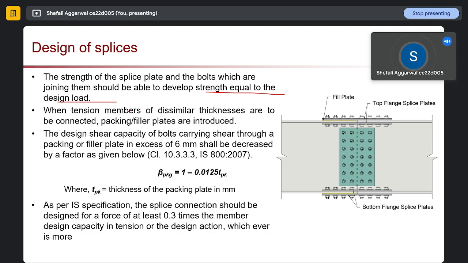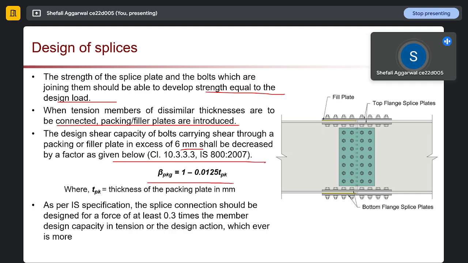Second, when tension members of dissimilar thicknesses are to be connected, packing or filler plates are introduced. And the third thing is that the design shear capacity of a bolt carrying shear through a packing or filler plate in excess of 6 mm shall be decreased by a factor as given below.